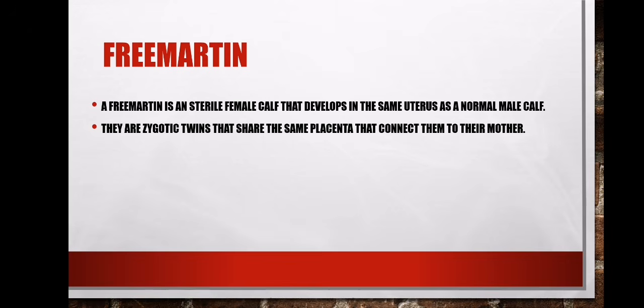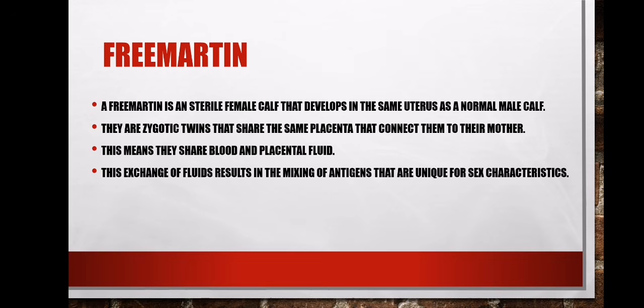A FREEMARTIN is a sterile calf that develops in the same uterus as what? As the normal calf. They are dizygotic twins that share the same placenta to the mother. This means they share blood and placental fluid.